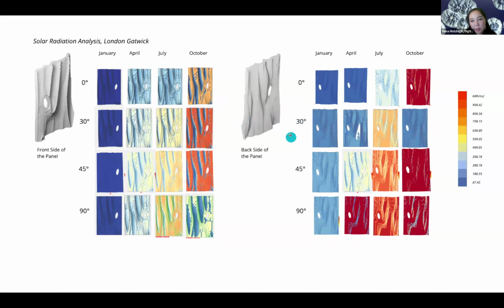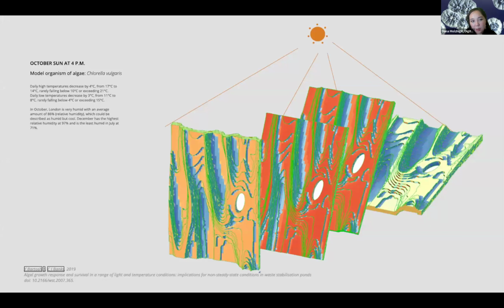And then we did solar radiation analysis of London Gatwick, four seasons, one month each. Our model organism is chlorella, again, microgreen algae, and we know that it likes 25 to 27 degrees. We also know that London is very humid with an average of 86%, which can be described as humid but cool in October, and December has the highest relative humidity, 97%, and the least humidity in July at 71%.